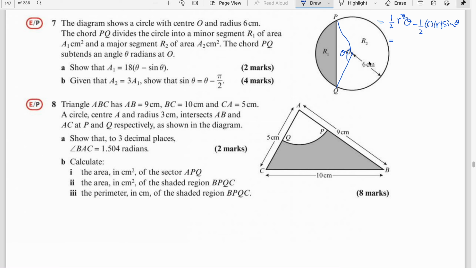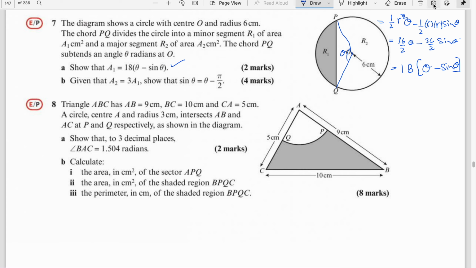The value of r is given, which is 6. So 6 squared is 36 by 2 theta minus 36 by 2 sine theta. 36 by 2 is 18. We take out 18 as common and we are left with theta minus sine theta.